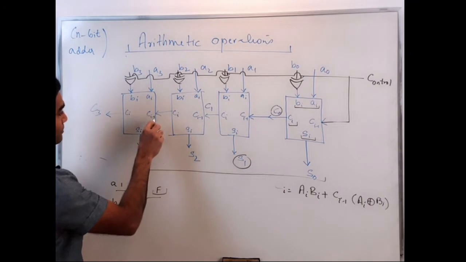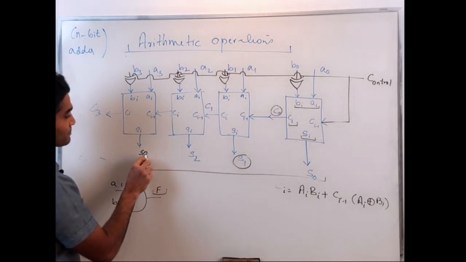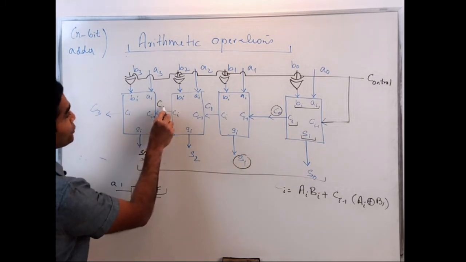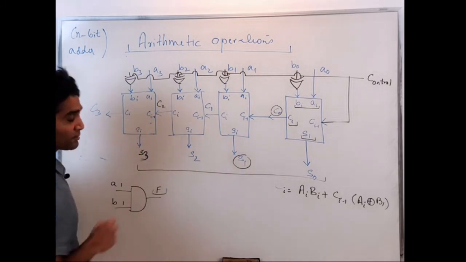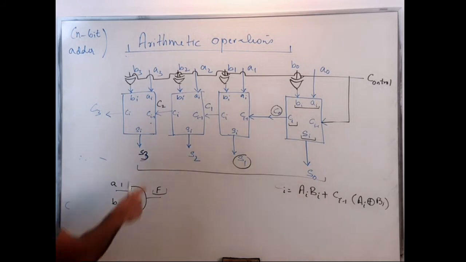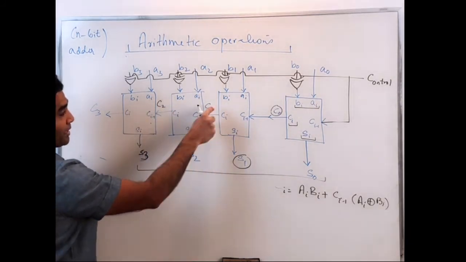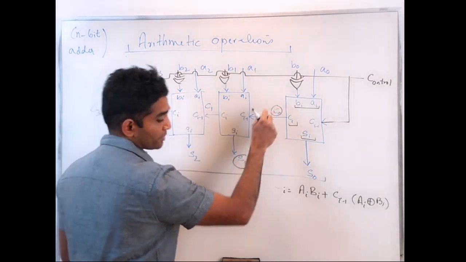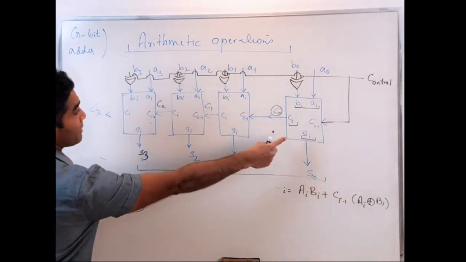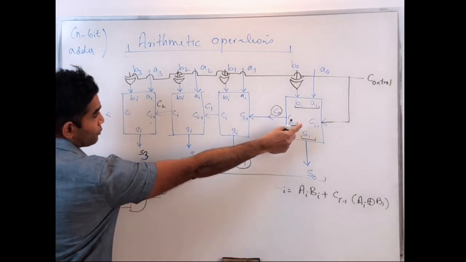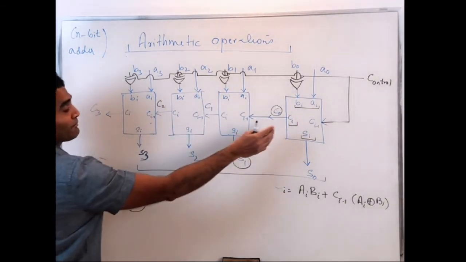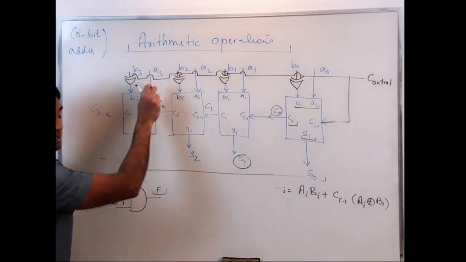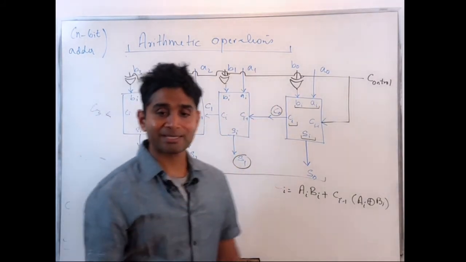Now, to get the right sum here, S3, I need the right C, in this case C2, being applied on this particular module. So for my right C2 to come here, I need the right C1 here. For my right C1 here, I need the right C0 here. So as you can see, my propagation delay gets extended, right? Going from this module to this module, I'm waiting for Cout to be calculated, C1 to be calculated, C2 to be calculated. So my propagation delay gets added up.